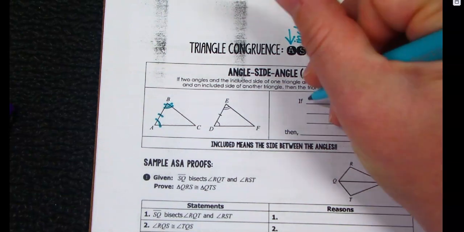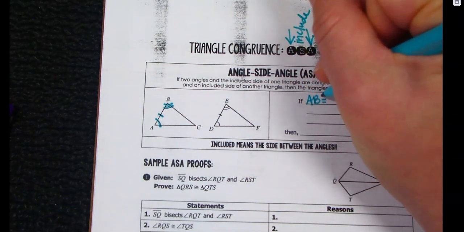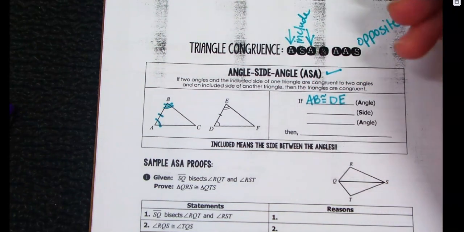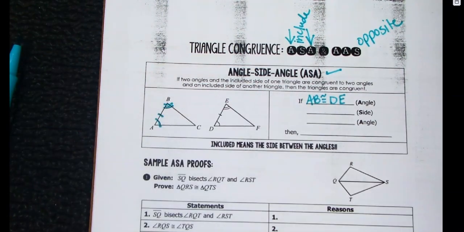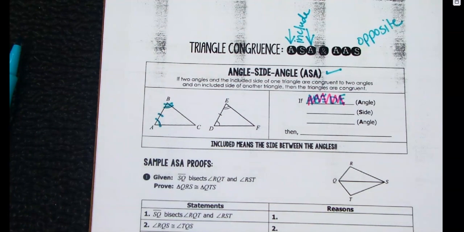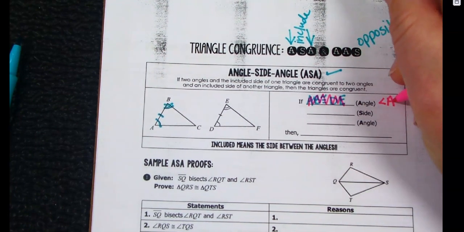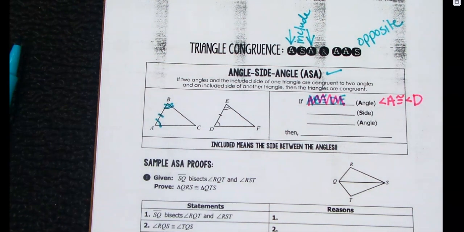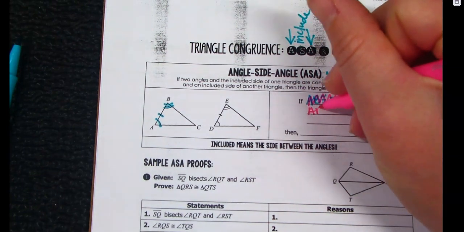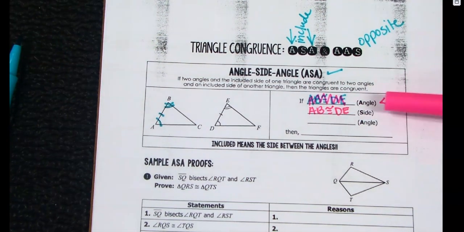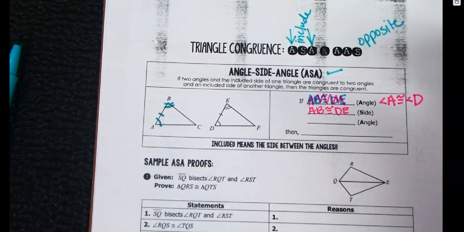It says if AB is congruent to DE, and no, I just messed that up. We're dealing with the angle first. So if angle A is congruent to angle D, now if side AB is congruent to DE, because you want angle first, then the side, now we want the other angle.